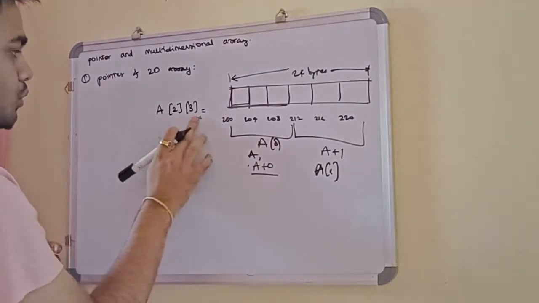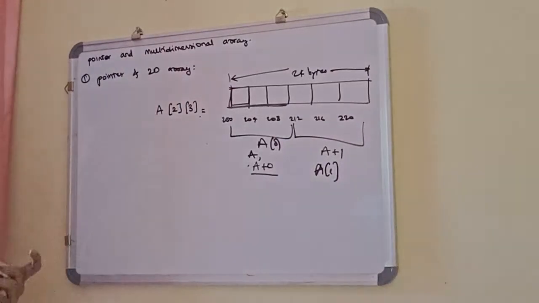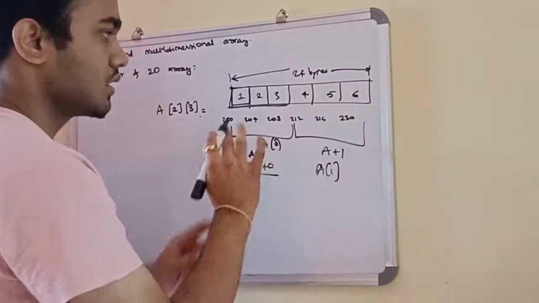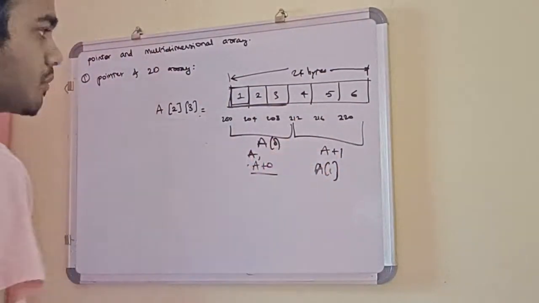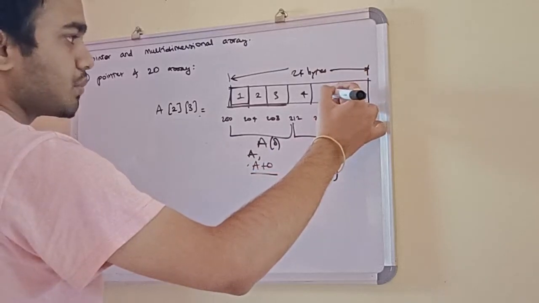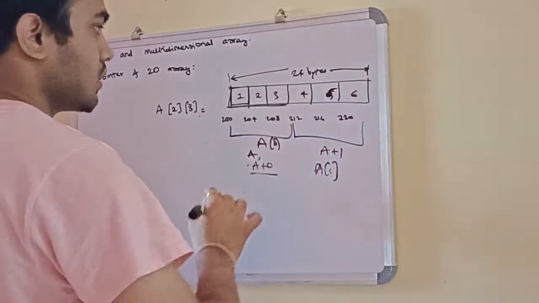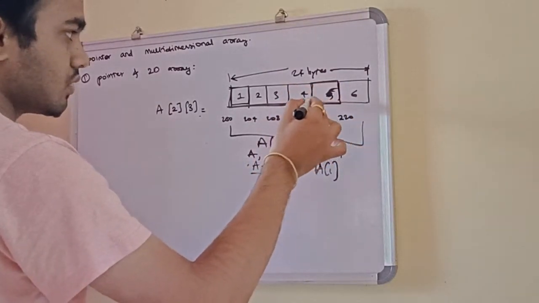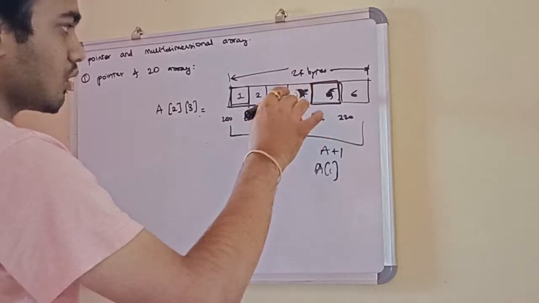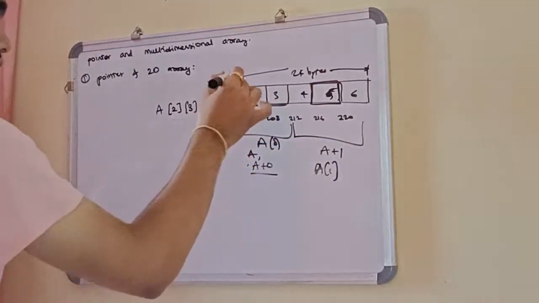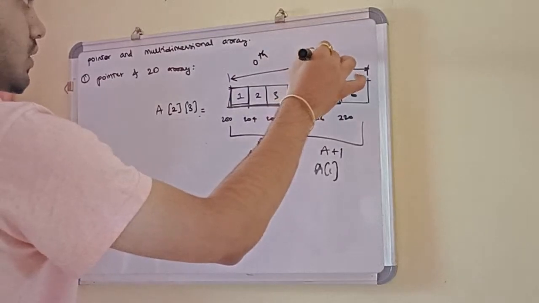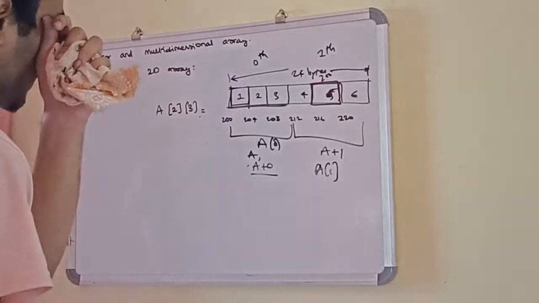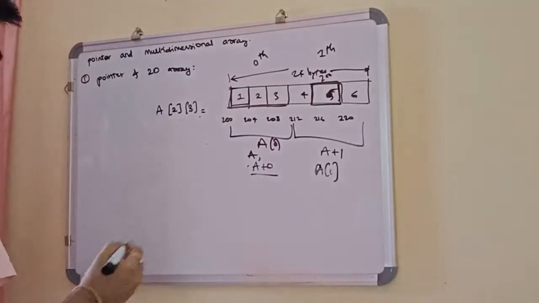Now if you want to print some element, let's say 1 2 3 4 5 6 are the elements in the array, and we have to print the element 5, which is at the first index of the first row. This is the 0th row, this is the first row, and this is the first index in the first row. So how can we print?